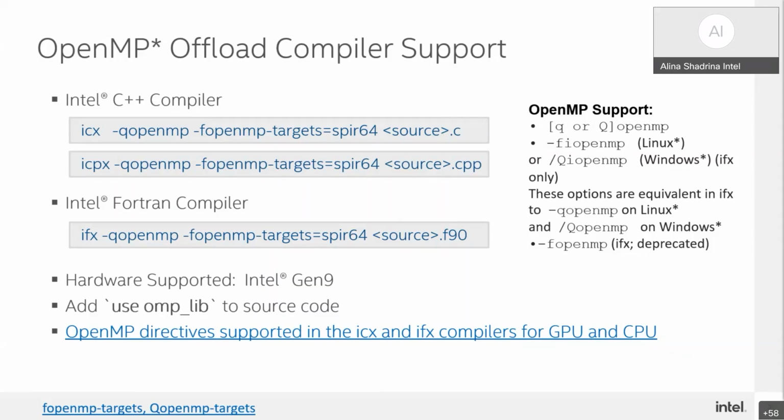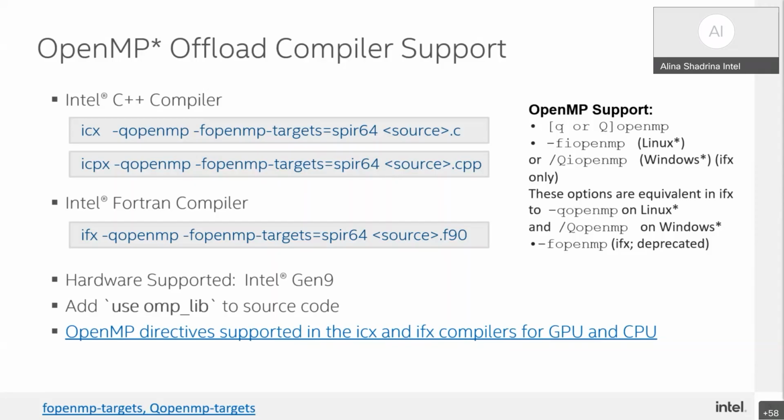First of all, for any OpenMP task, you need the Qopenmp option to enable OpenMP support. And after that, you need -fopenmp-targets with the keyword spir64 to enable offloading. Actually, spir64 is the only supported value for this option right now. It is a 64-bit standard portable intermediate representation.